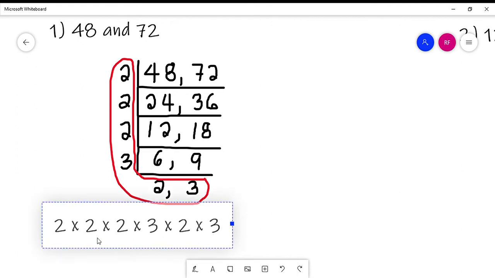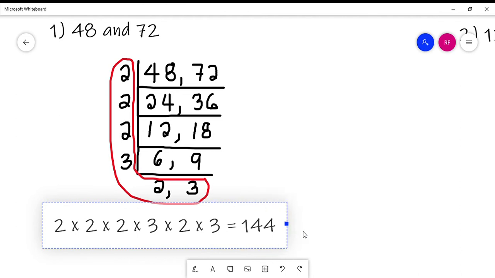So here you can have 2 times 2 is 4, times 2 is 8, times 3 would be 24, times 2 is 48, times 3 would be 144.